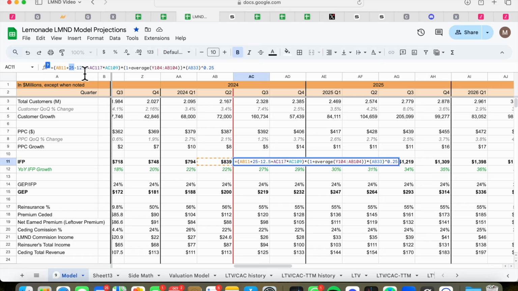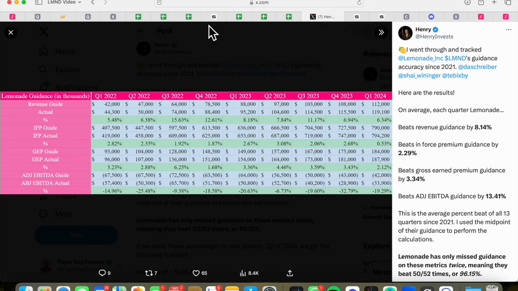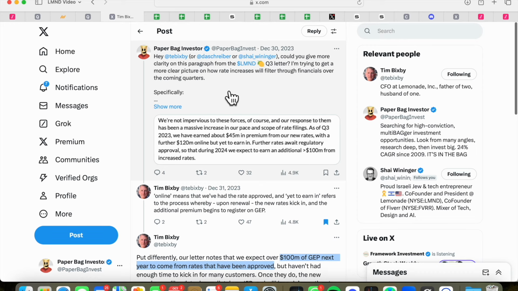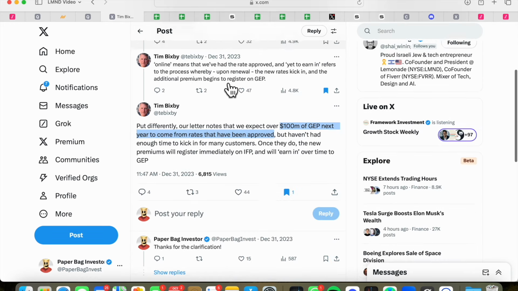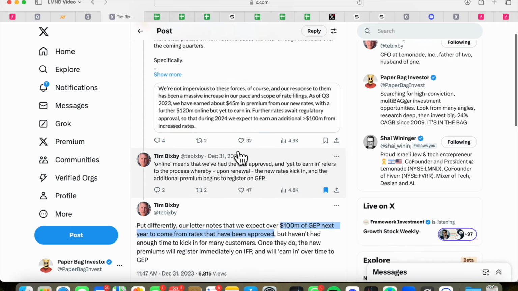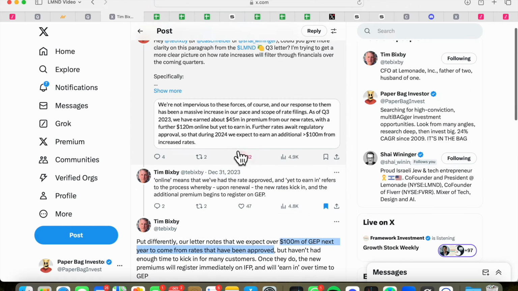Now this 25 million is from rate increases. Here, I think, is a tweet by Tim Bixby, Lemonade CFO, from the end of last year. I asked them for some clarification of what this paragraph meant in their letter. And basically, Tim said we expect about 100 million plus from increased rates to come online during 2024.